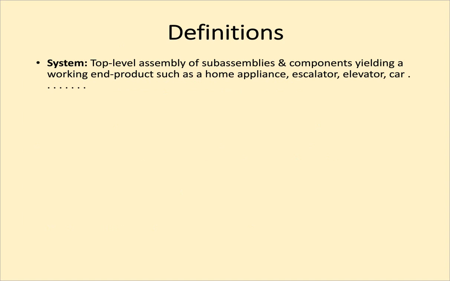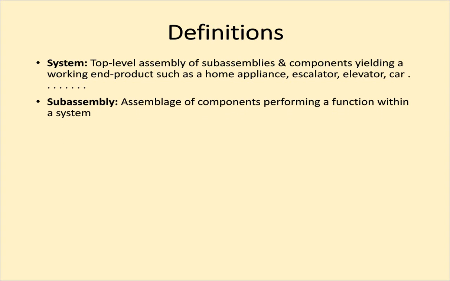So, some definitions for the purposes of this presentation. A system is the end product that's delivered to the end user. It's a top-level assembly of subassemblies and components. A subassembly within the system is an assemblage of components that perform a function within the system.